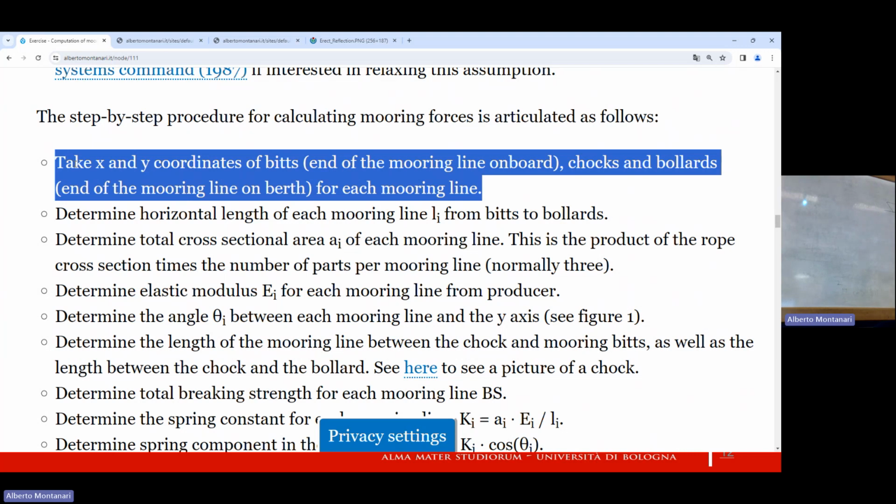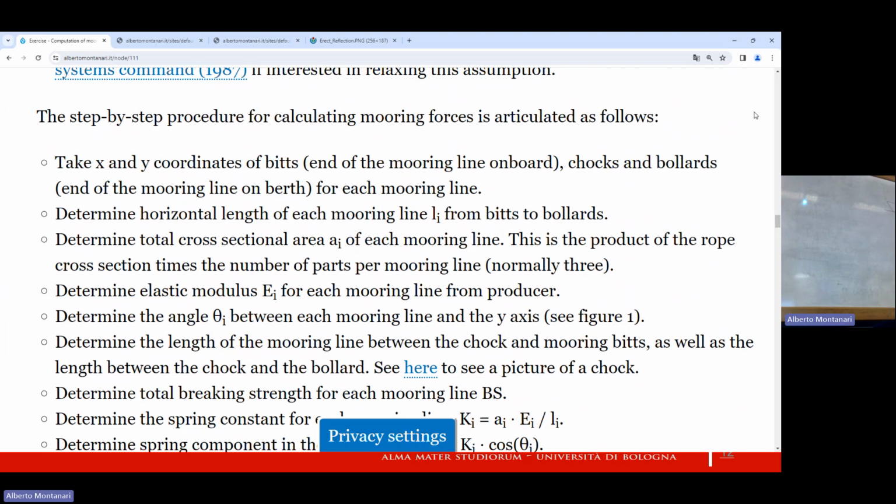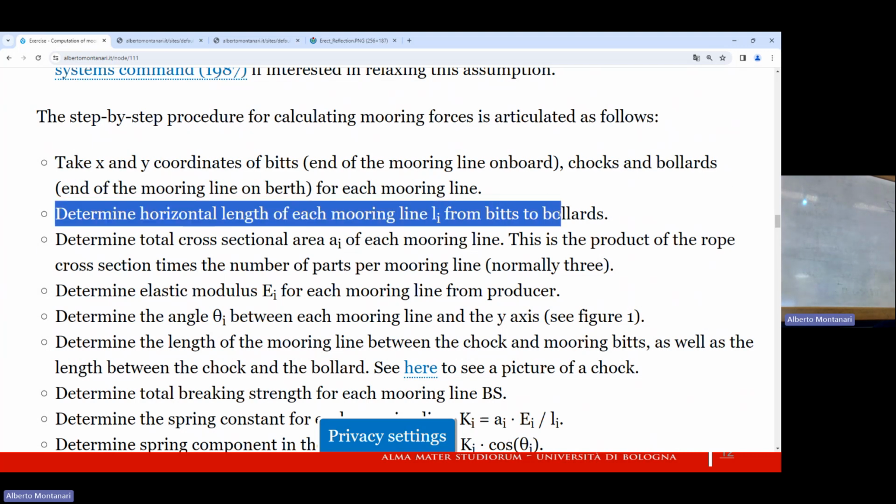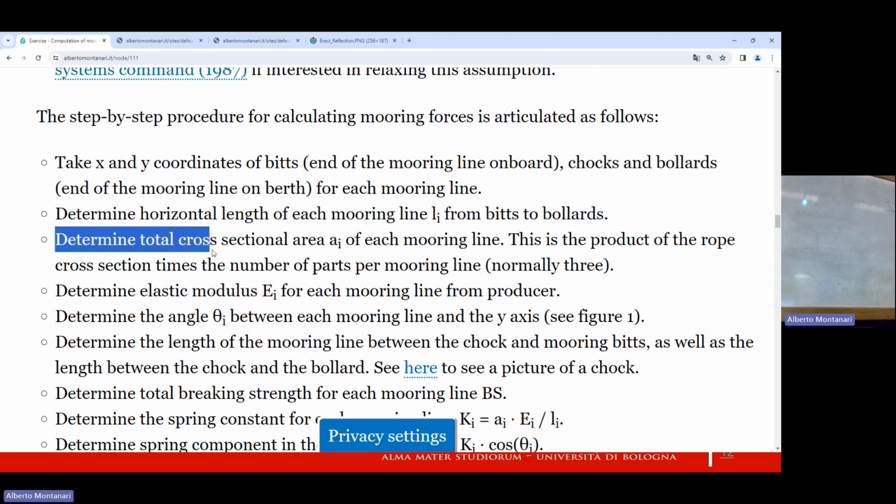The mooring line should pass through the side of the ship. And the chock is the location of the hole in the side of the ship the mooring line passes through, okay? So we need to take the coordinates of bits, chocks, and bollards. Determine the horizontal length of each mooring line from bits to bollards. Determine the total cross-sectional area of each mooring line.